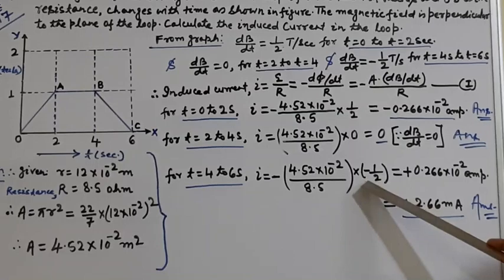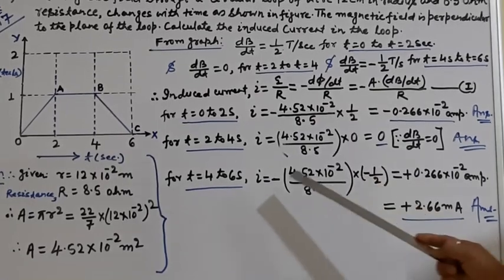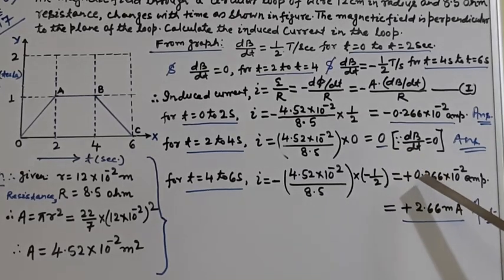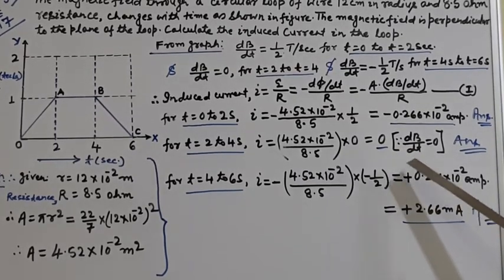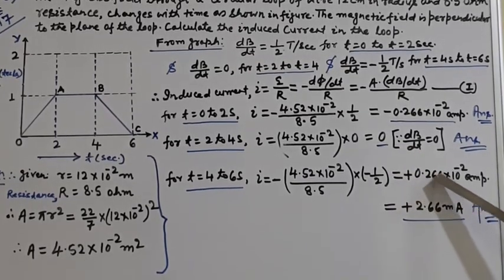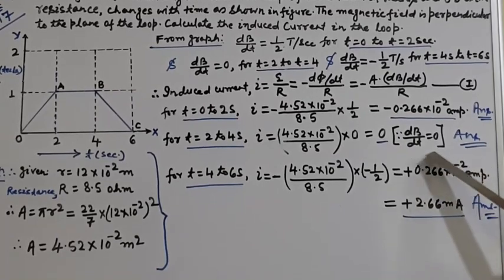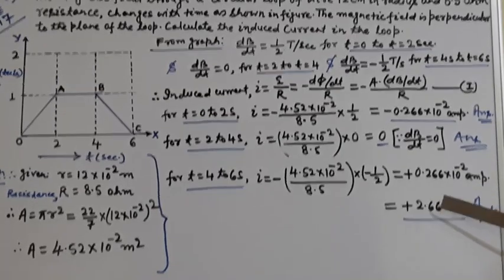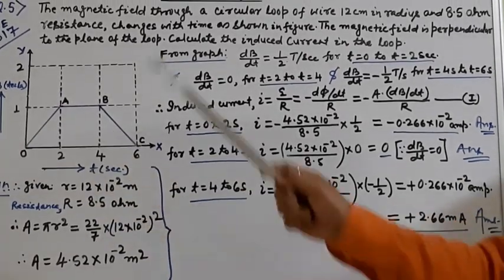So into minus 1 by 2. This minus and this minus become plus, and when you solve it, we get 0.266 into 10 to the minus 2 ampere. So I have converted it into milliampere. This is the answer of the induced current in the third portion.